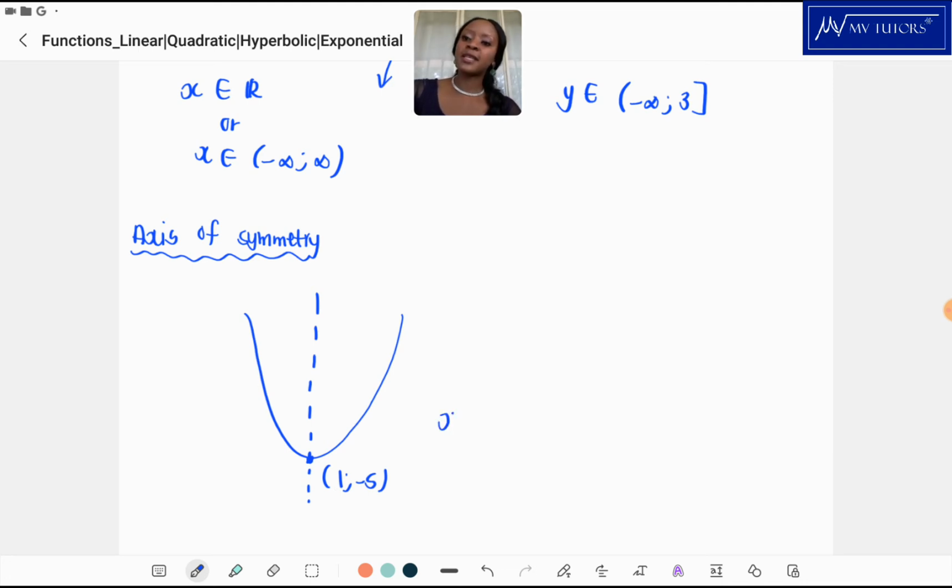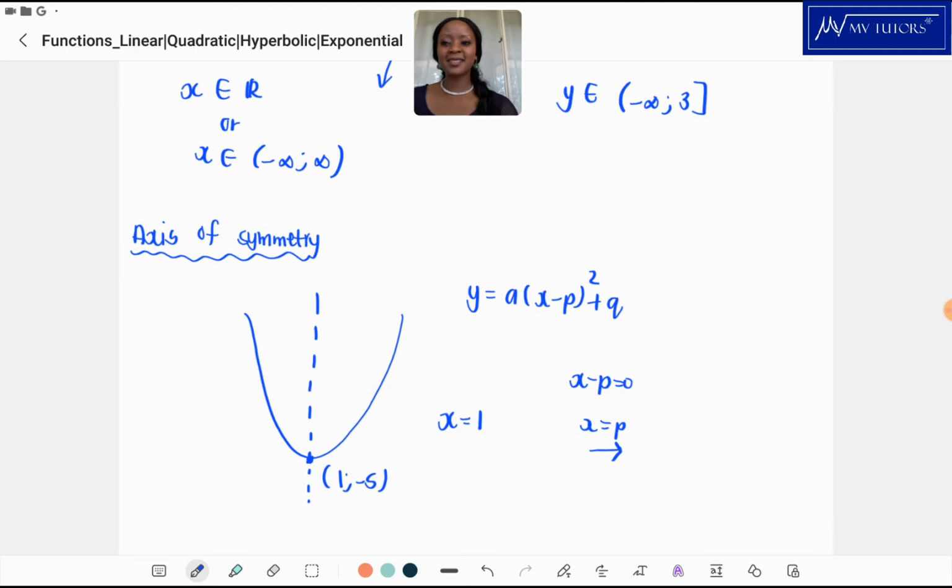So you would say x is equal to 1. And if you had your equation in the form x minus p squared plus q and they asked for the equation of the axis of symmetry, you would say x minus p is equal to 0, therefore x is equal to p. And that is it. That is the axis of symmetry.